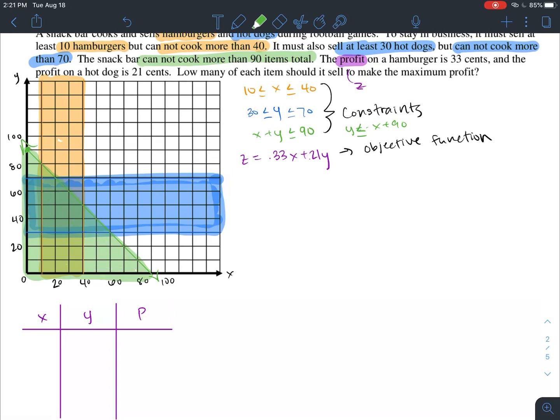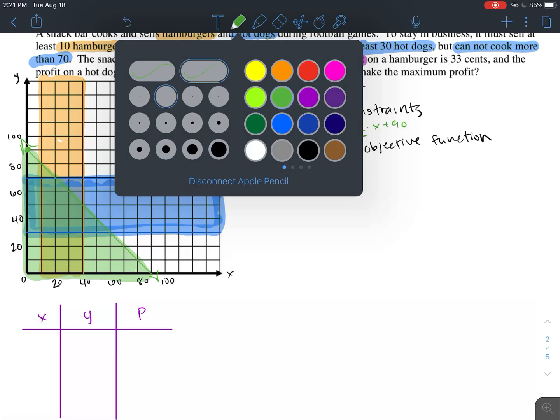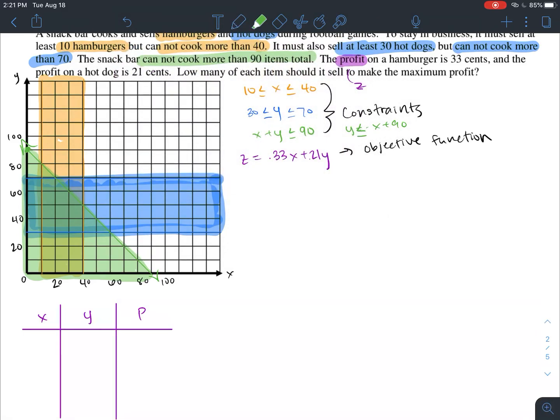Alright, there you go. Now we know where our constraints have limited where our graph is, where our region is. So we know right here we have one point. Here we have another point of intersection, another vertex right here, and another vertex right there.